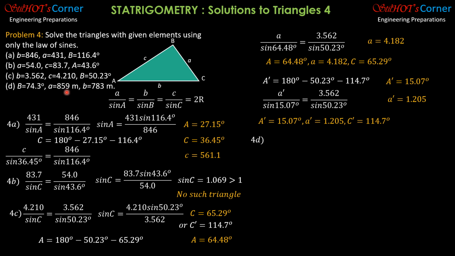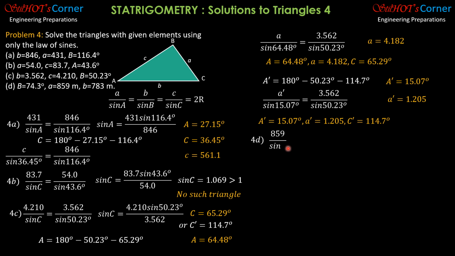A is longer than B, and B is already an angle close to 90 degrees. So from this given data, we can anticipate that maybe there's no such triangle because the value would be greater than 1 for sine angle A. But anyway, let's just apply sine law.